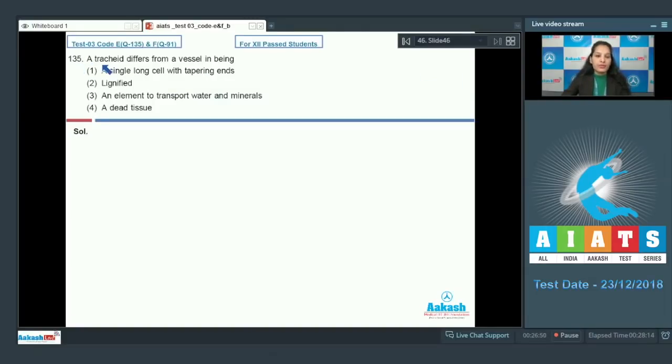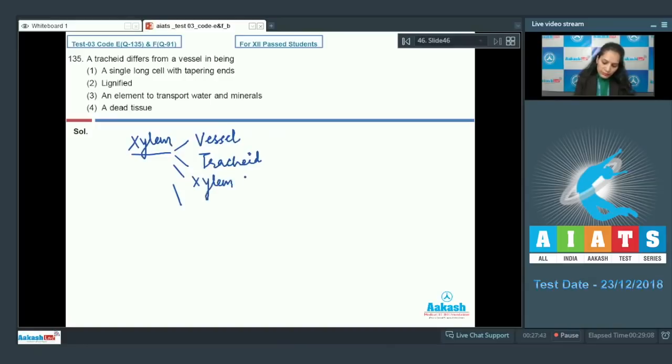Question number 135. A trachea differs from a vessel in being. First option, a single long cell with tapering ends. Second, lignified. Third, an element to transport water and minerals. Fourth, a dead tissue. The components of xylem are vessels, trachea, xylem fiber, and xylem parenchyma.